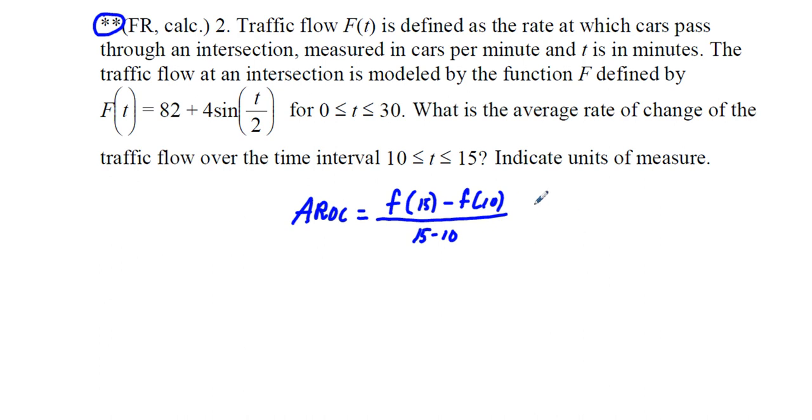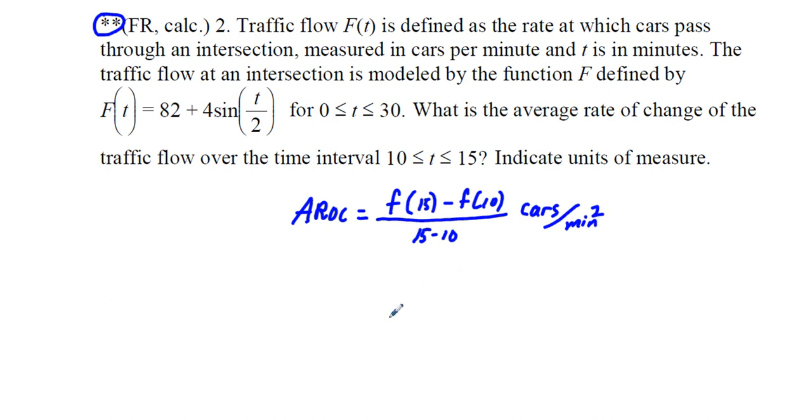And what are the units going to be? Well, the flow rate is traffic flow, cars passing through an intersection, cars per minute, and T is in minutes. So it's going to be the change, cars per minute per minute. Sometimes you can write that as squared.